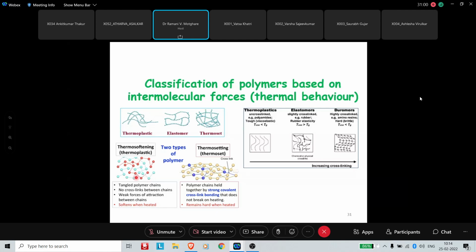Whereas the thermosetting polymer is generally formed by condensation polymerization, and you will see that it is completely bonded with covalent bonds. Now, if there are all covalent bonds, then there is hardly any space for the intermolecular forces of attraction.